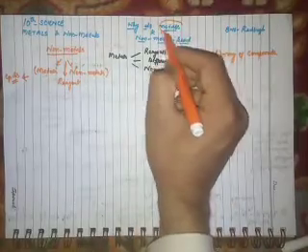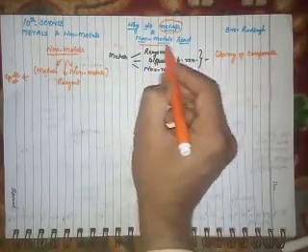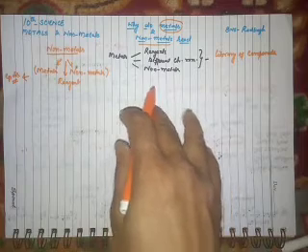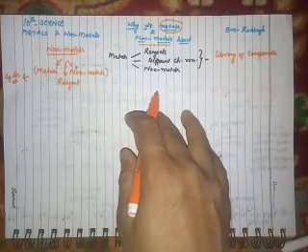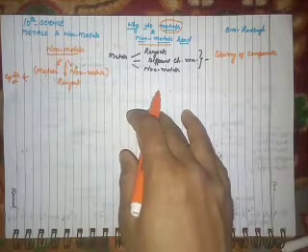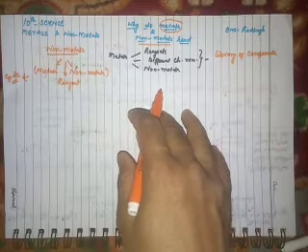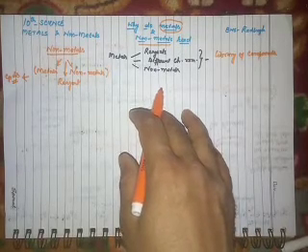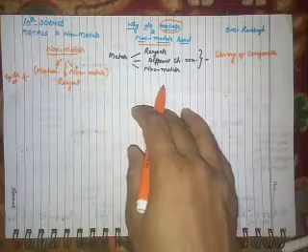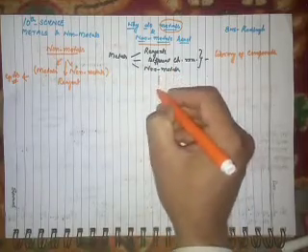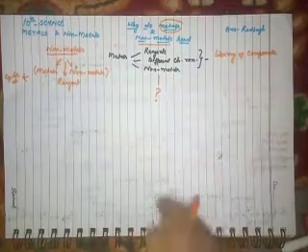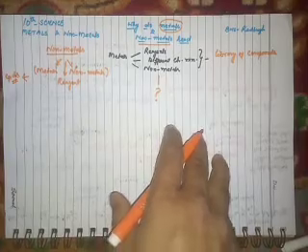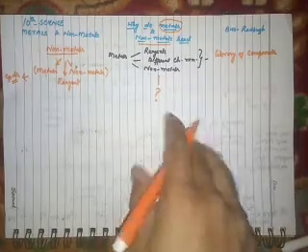So these metals and non-metals, dear students, react with reagents, with metals or with non-metals and form different compounds. So what is the reason why they react with each other?